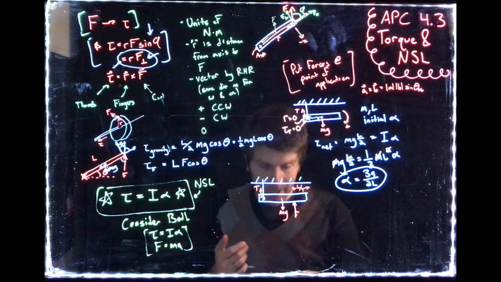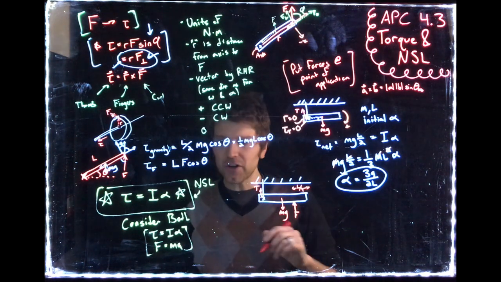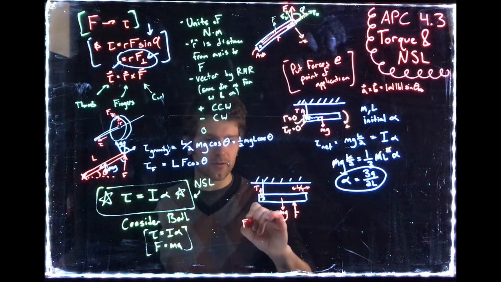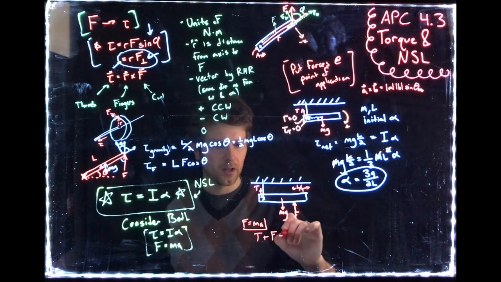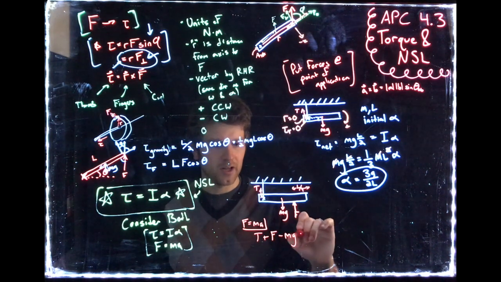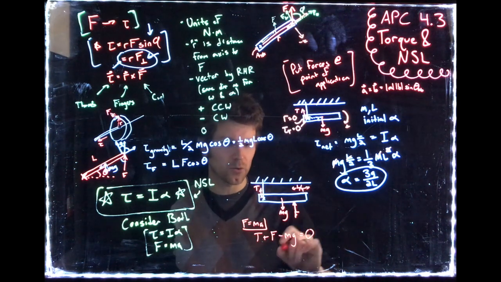Let me show you what I mean by that. Let's say I wanted to find this force F. If I just look at the F equals ma perspective, all my forces are up and down. I'm going to have tension and my force up and mg down. If I don't want it to move, if I want it to stay still and be in equilibrium, this has got to equal 0.